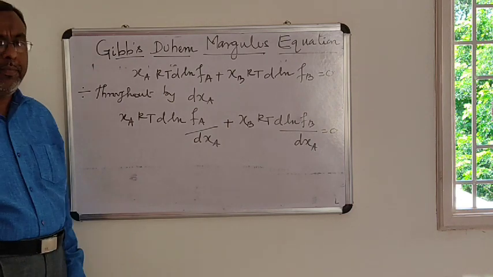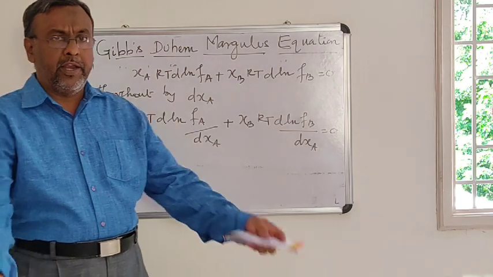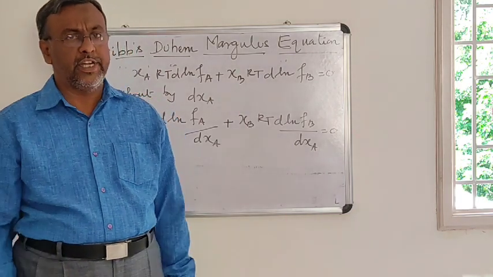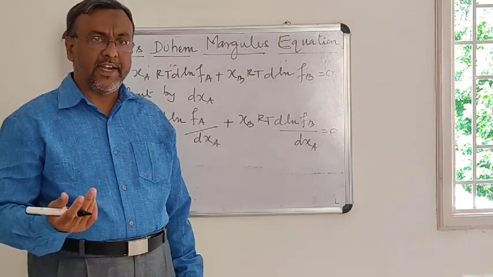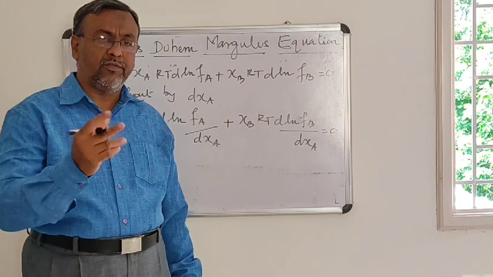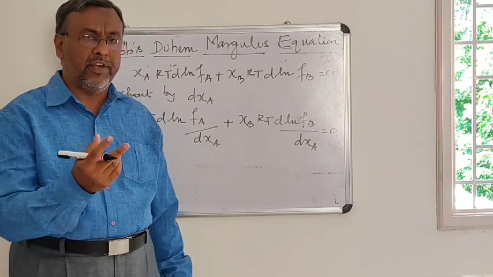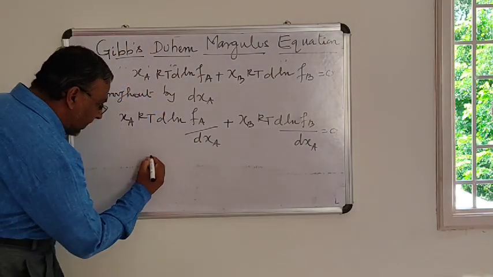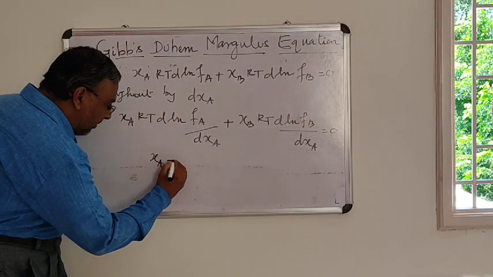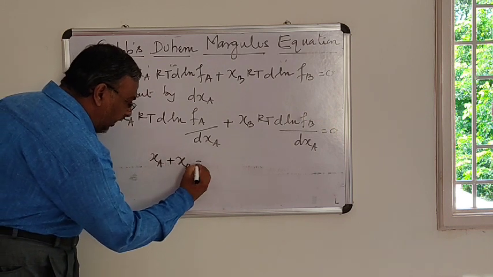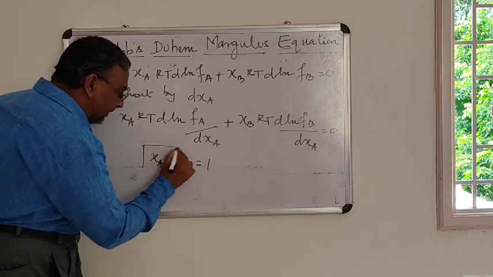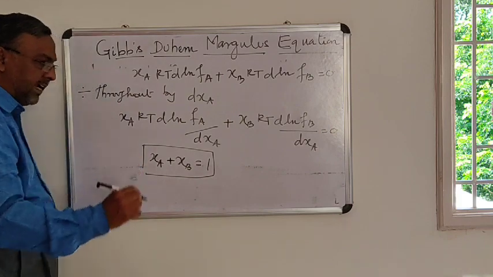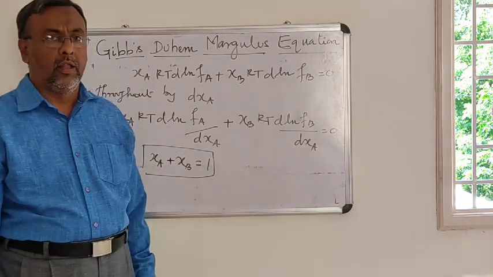Now, remember, in any binary solution, or in any solution, the sum of the mole fractions of solute and solvent is always equal to unity. This you know already, that is XA plus XB is always equal to 1. This is the essential condition for all solutions.